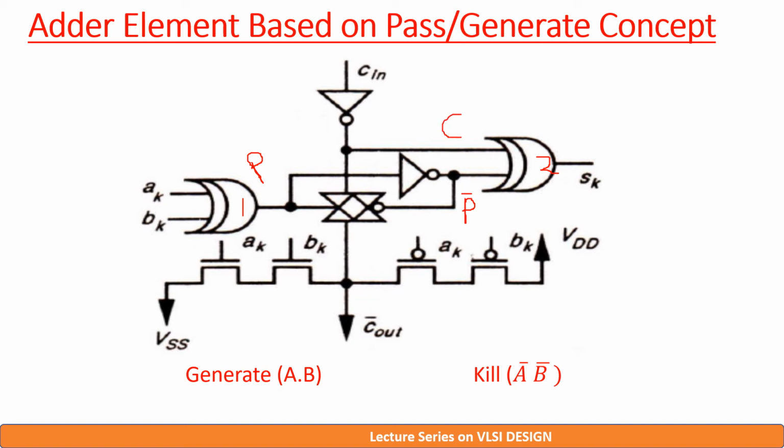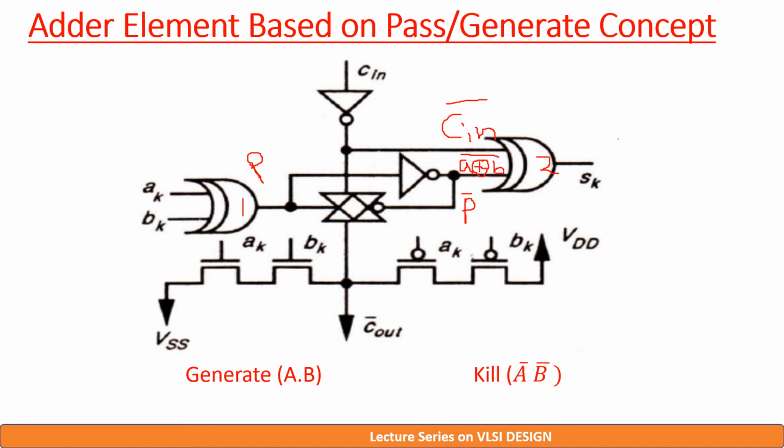The input to the second XOR gate is Cin bar, and the other input to XOR 2 is P, nothing but A XOR B, P bar.